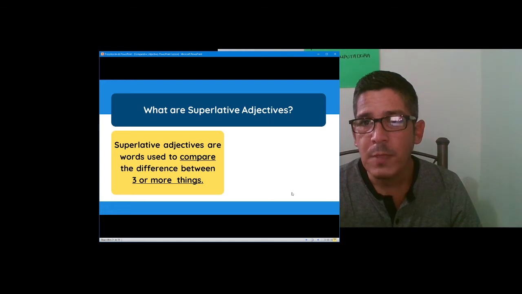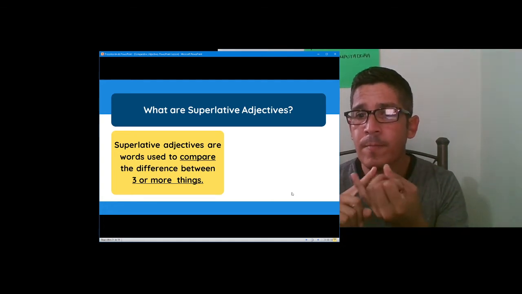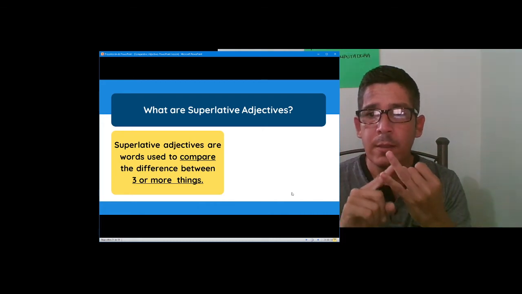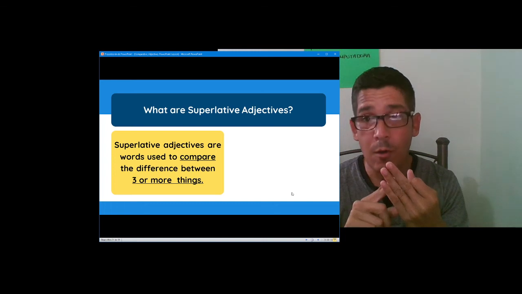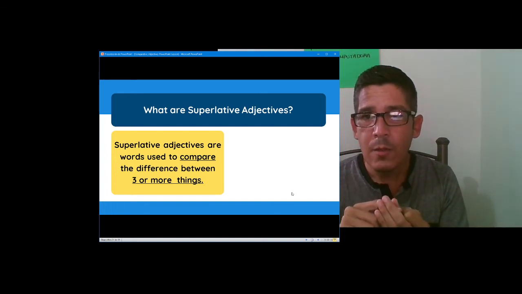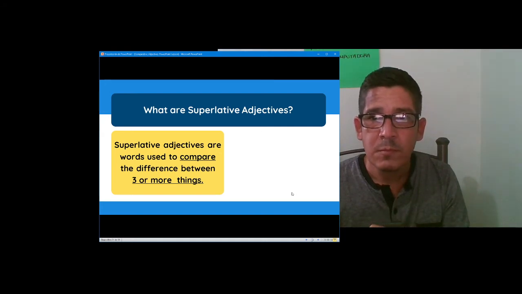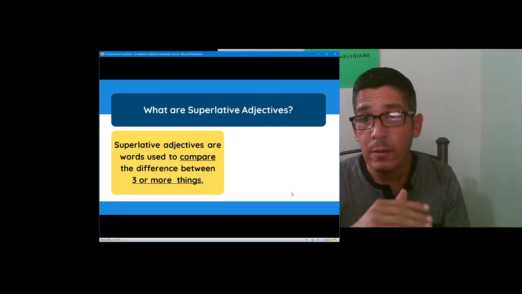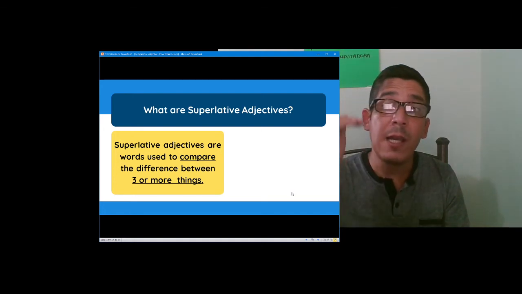Imagine that we have three people: the teacher Claudia, the teacher Juan, and the teacher Danny. Okay? You know all of them. You can say Claudia is tall, Juan is taller, but Danny is the tallest.